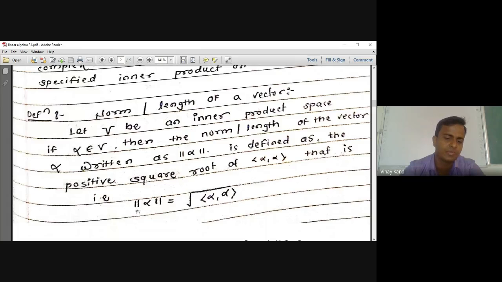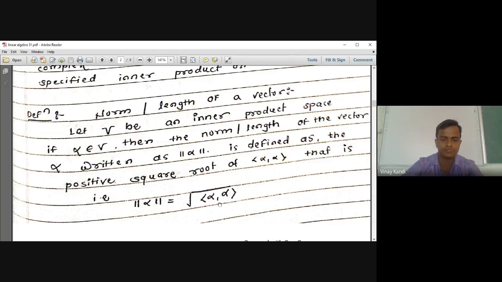That is, norm of alpha is equal to the positive square root, meaning we take only the positive value, not negative, because the inner product is non-negative. Hence, norm of alpha is equal to the positive square root of the inner product of alpha with itself. This is the definition of the norm of a vector, or length of a vector.